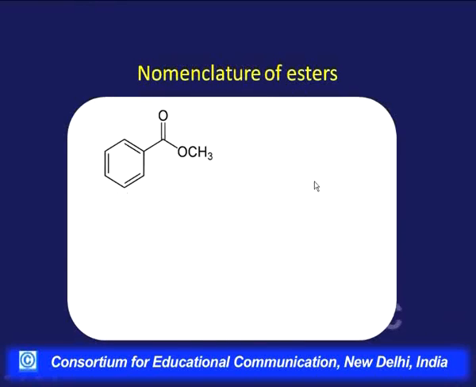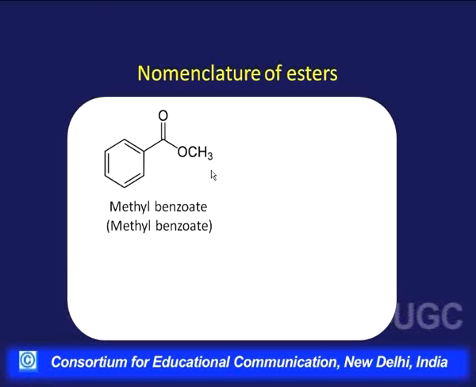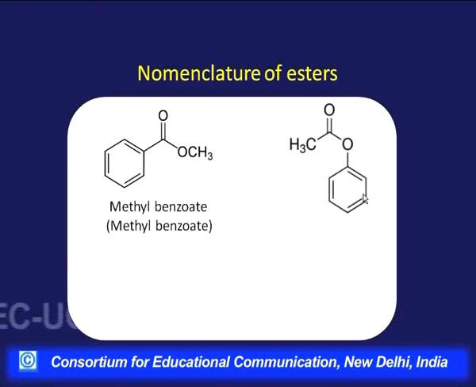If we have esters from aromatic acids, say this is the ester from benzoic acid with methanol, this will be simply named methyl benzoate, and its IUPAC name and common name are both the same. Now, while naming aromatic compounds, we have to be very careful to see which part is aromatic: the acid part or the phenolic part.